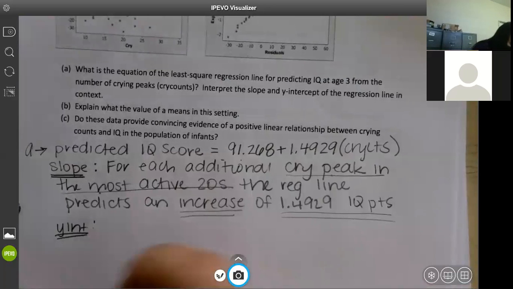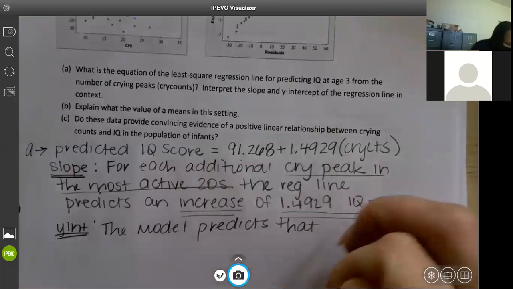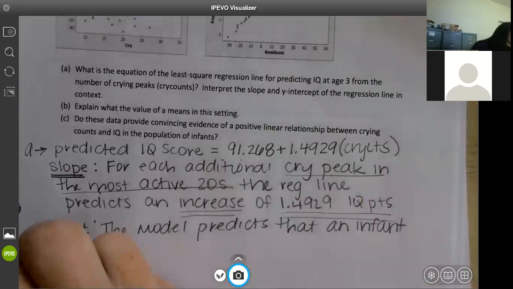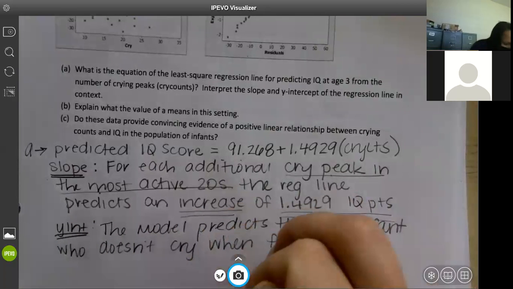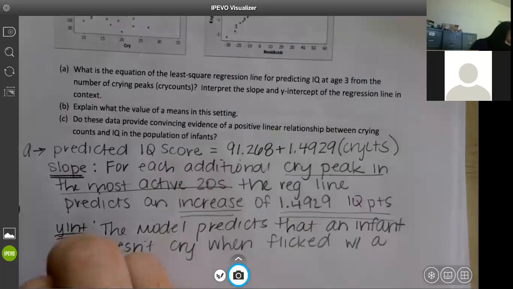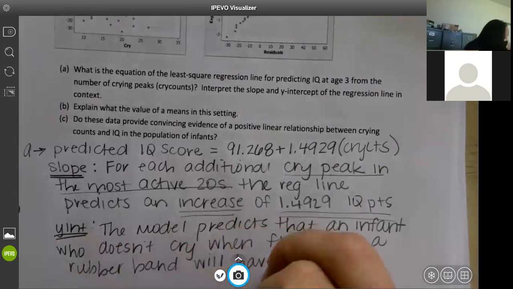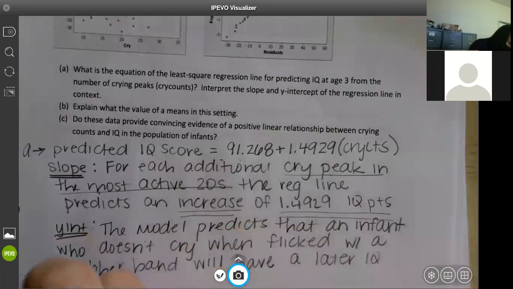The model predicts that an infant who doesn't cry when flicked with a rubber band, so 0 cries, remember x is your cry, so when x is 0, will have a later IQ score of about 91.